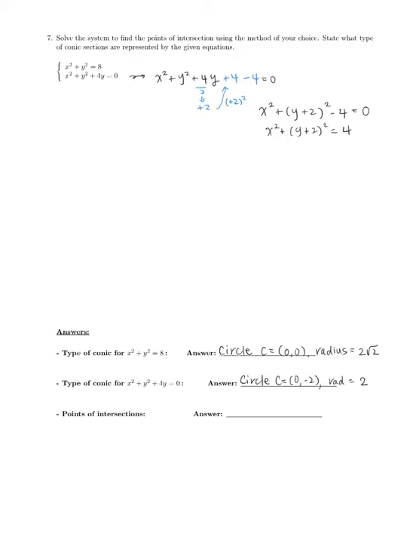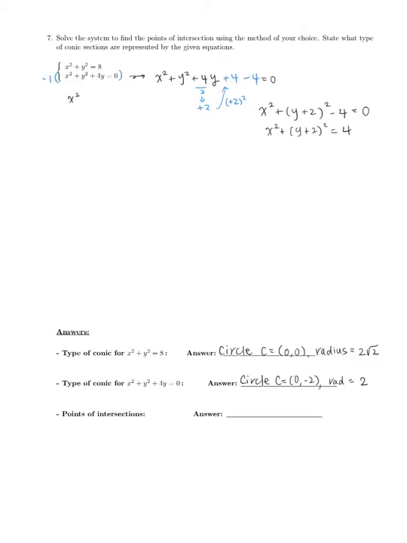All right, now we're done with identifying what kind of conic we have for both equations. Now let's solve it. What I would do for this particular problem is, we got x squared and y squared matching up, so let's multiply the bottom equation by negative 1. Let me rewrite the system.